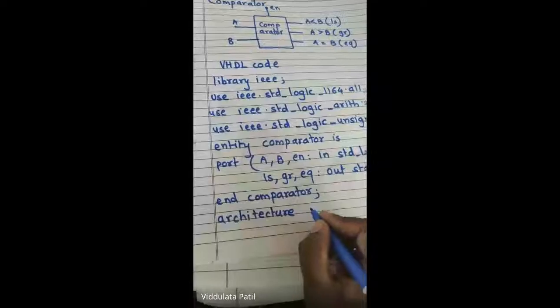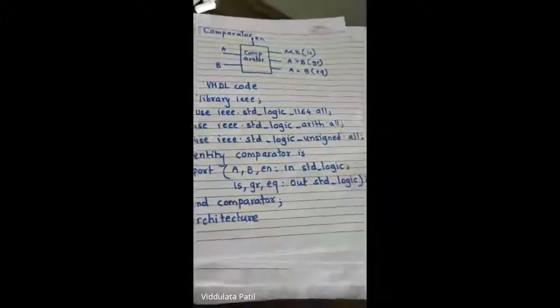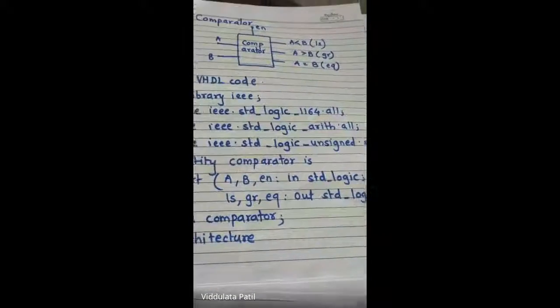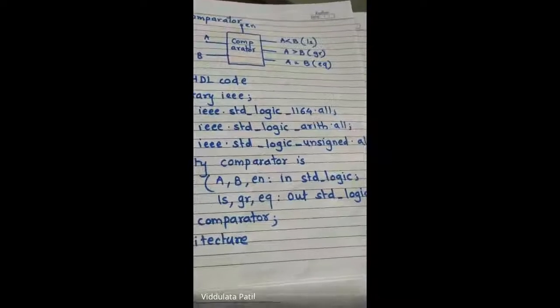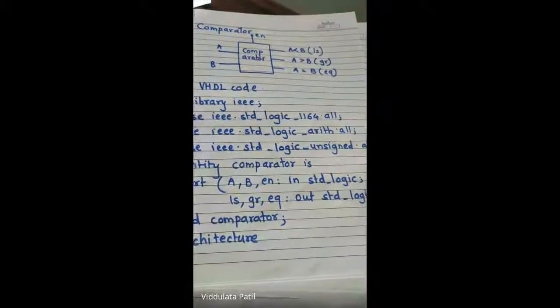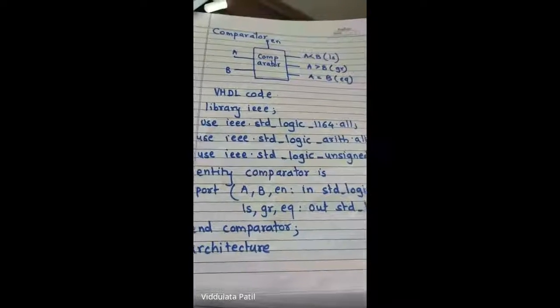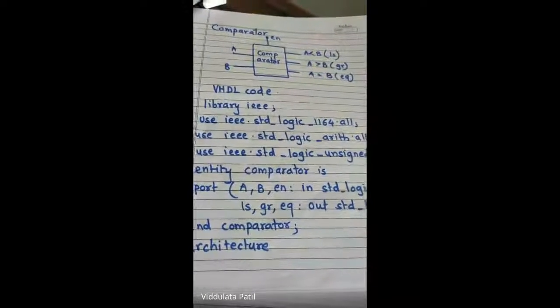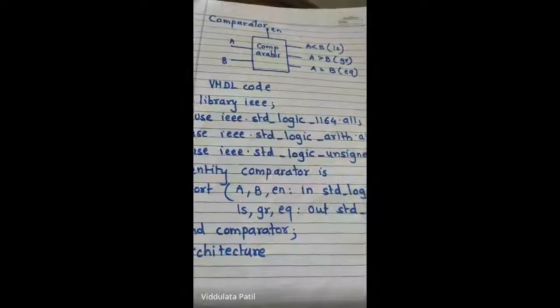Architecture of, okay. Now here we will use behavioral modeling, as we know how this circuit is going to behave depending on our inputs. So instead of going for other modeling type, we are going for this behavioral modeling.